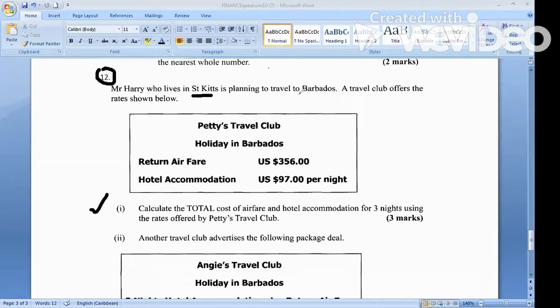St. Kitts, and you're going to Barbados, right? So you need to travel to Barbados. So this is the fare, and you're going to spend 3 nights. So it's three times the rate per night, and then you add that with the airfare. By the way, everything would be in US.